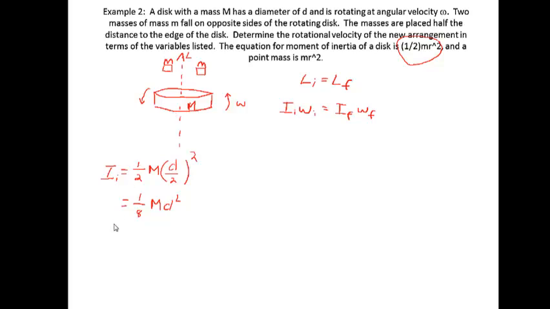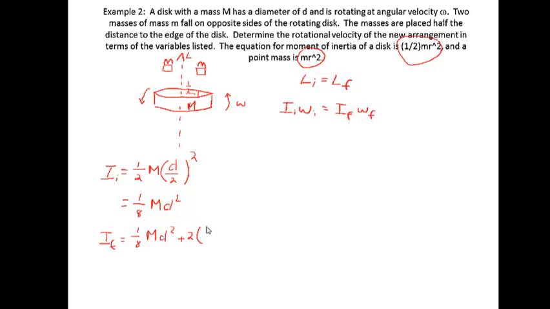Once these fall on top of the rotating disk, the moment of inertia will change. We'll call it I final. This will still be 1/8 M D squared, since it's the same disk. We have two masses falling. We call those point masses, and we use this formula right here. So it's 2 times, and the distance R is the distance to the point of rotation. If it falls right here, which according to the instructions is half the distance from here, that is 1/4 of the diameter.